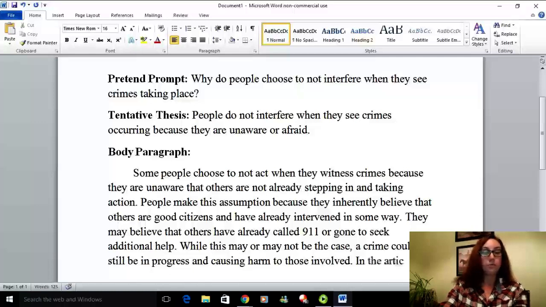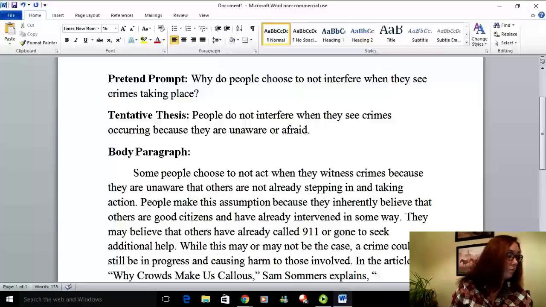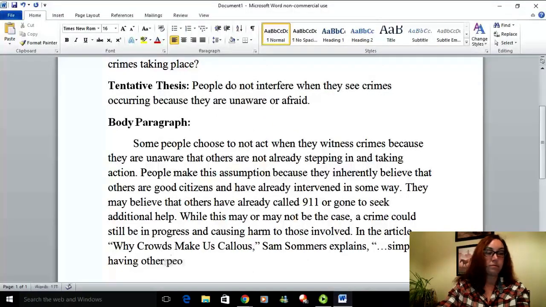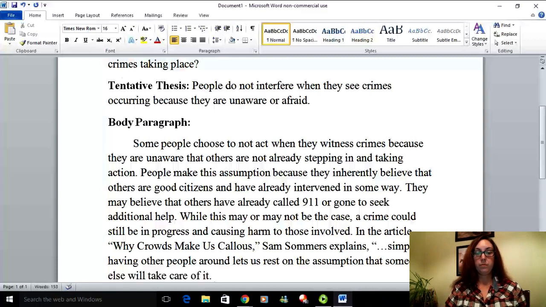And I chose the article, "Why Crowds Make Us Callous." Sam Summers explains.